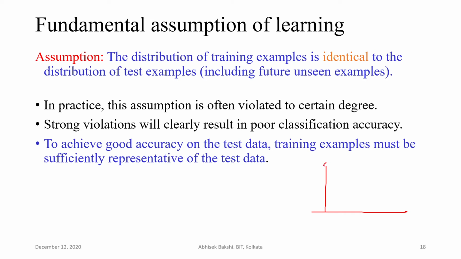Already we have seen that if we have two features, x1 and x2, the training patterns or test patterns, whatever you can say, are basically some points in the space. So something like this, right?